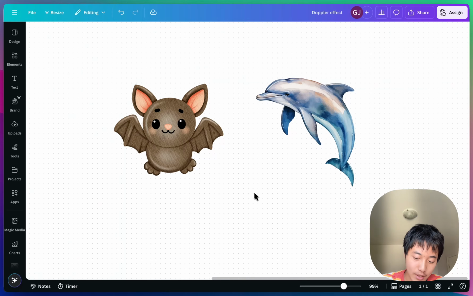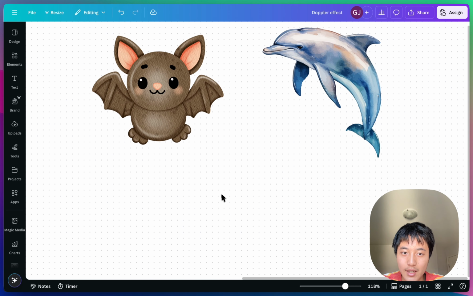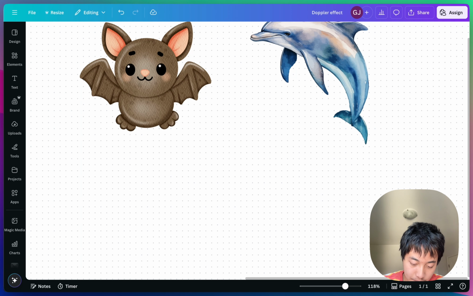You guys have probably heard of echolocation, that these two animals use it. And what exactly is echolocation though? You guys have probably shouted before in a garage and heard some sort of echo, and that's the sound wave bouncing back from whatever boundary it hit.